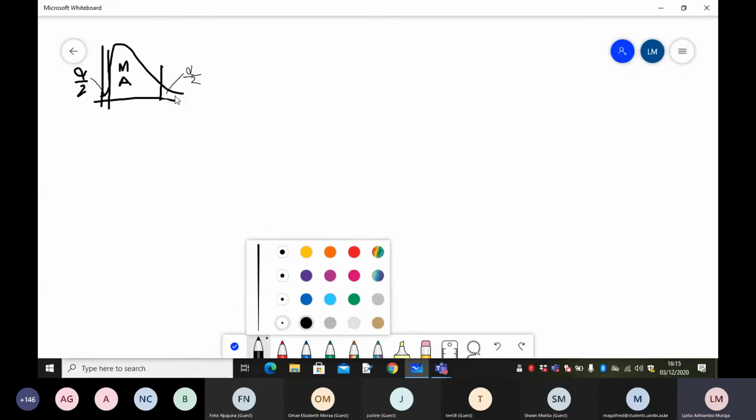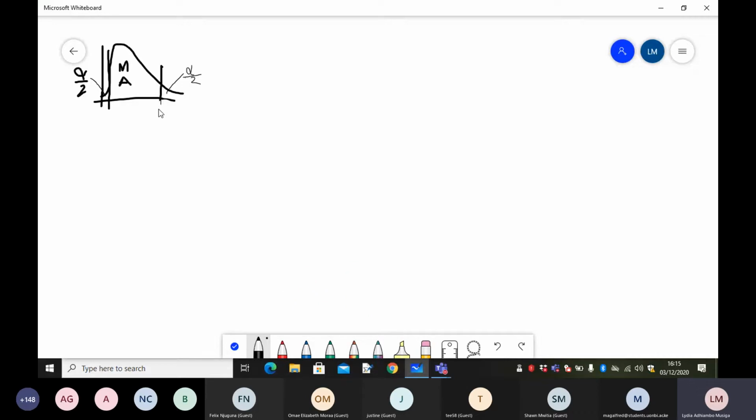Considering the small area to the right whose magnitude is alpha over 2, the F value we are looking for is F alpha over 2, where alpha is the level of significance.